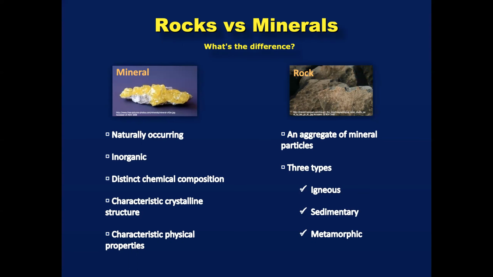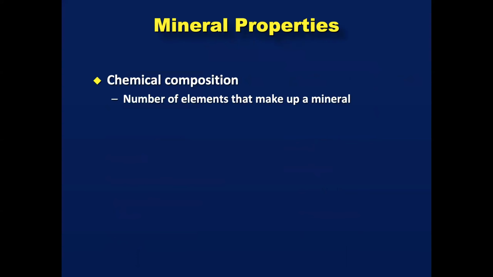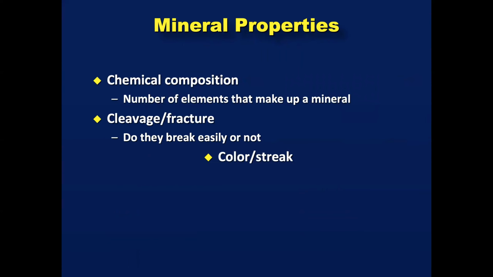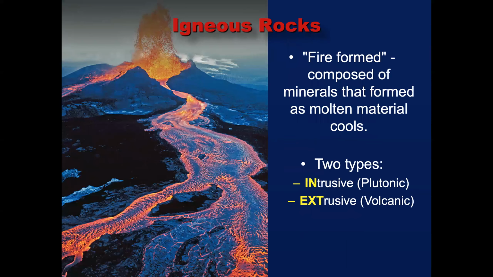And it's broken down into the three that you've heard about before in probably 8th grade earth science class: igneous, sedimentary, and metamorphic. So the properties of minerals: composition, color, hardness, and luster.